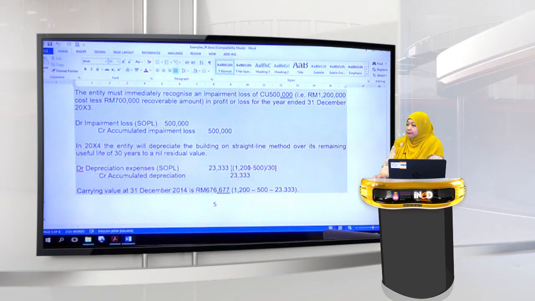So your depreciation charge for the year is 23,333. So you debit depreciation expenses, credit accumulated depreciation. So the carrying value of the property at 31st December 2014 is 676,677 ringgit.